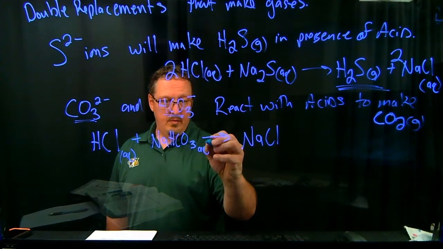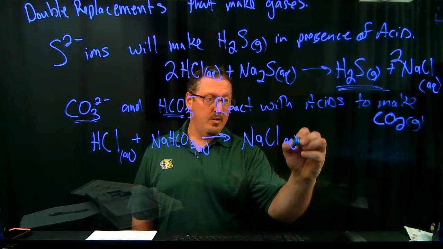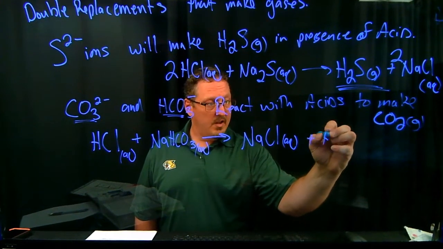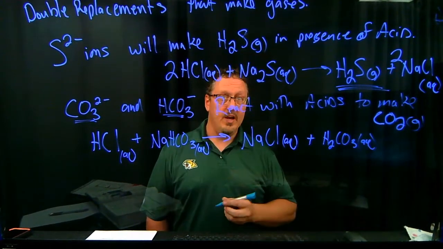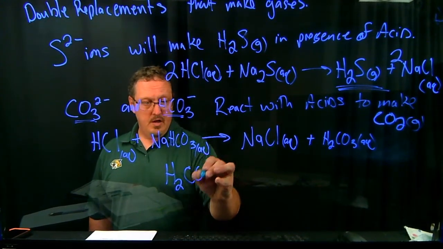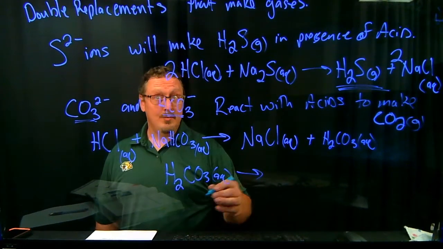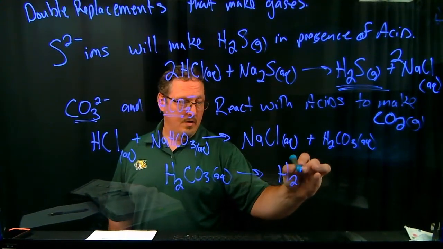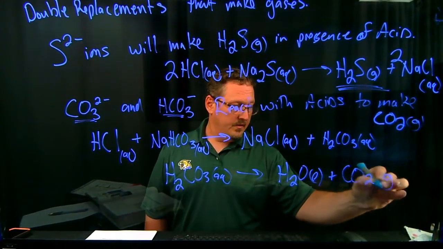This could be aqueous or it could be solid. Either way, it's still going to react and do the same thing. That'll make an aqueous solution, but it's going to make H2CO3, and that will be aqueous. Now, H2CO3 in the aqueous phase is immediately going to break apart into water, H2O, liquid, and carbon dioxide gas.